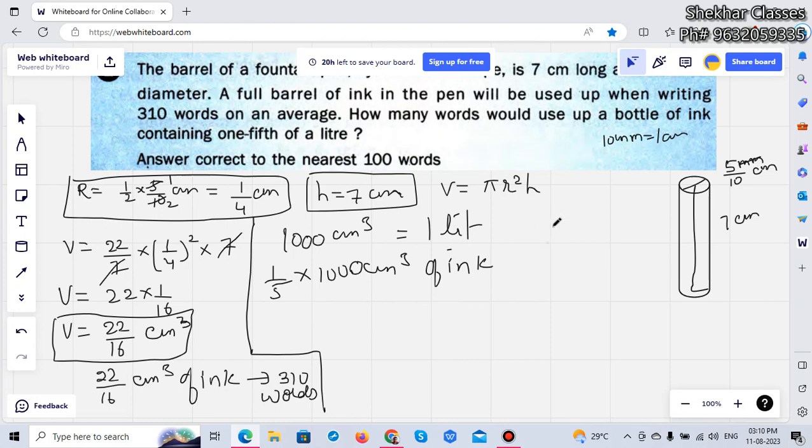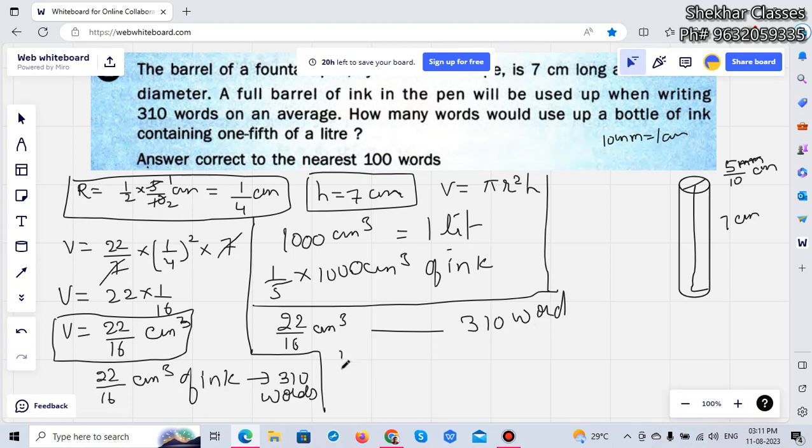So we have to use the unitary method here. What is the unitary method? Unitary method says if 22 upon 16 centimeter cube writes 310 words, then 1 centimeter cube will write 310 divided by 22 upon 16, which means 310 into 16 by 22 words.